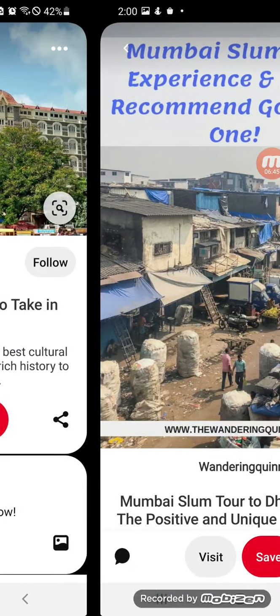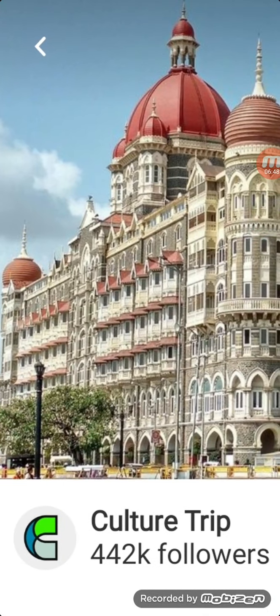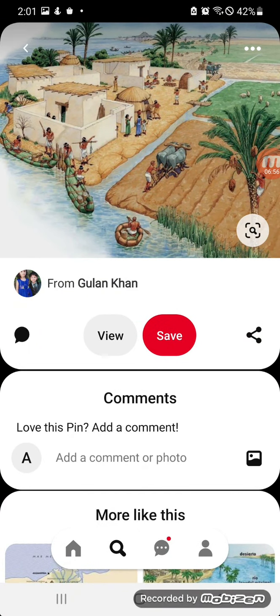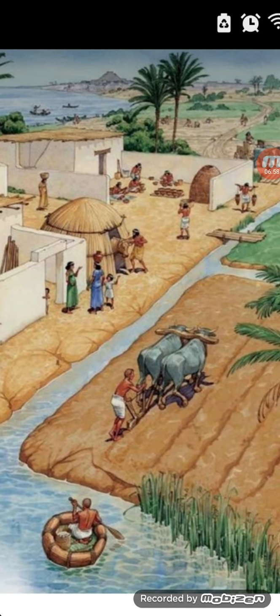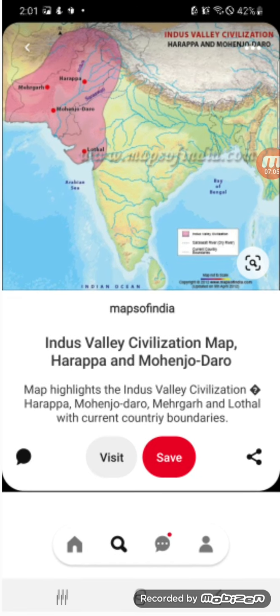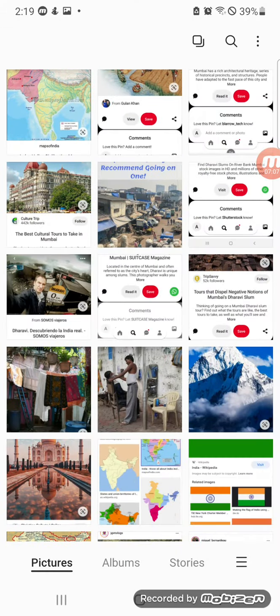So let's go further. Let's talk about Indian history. The first human civilization was in Indus Valley. This is called the Indus Valley civilization. In South America they have the Inca people, and here in India we have the Indus people, also called the Harappa civilization.